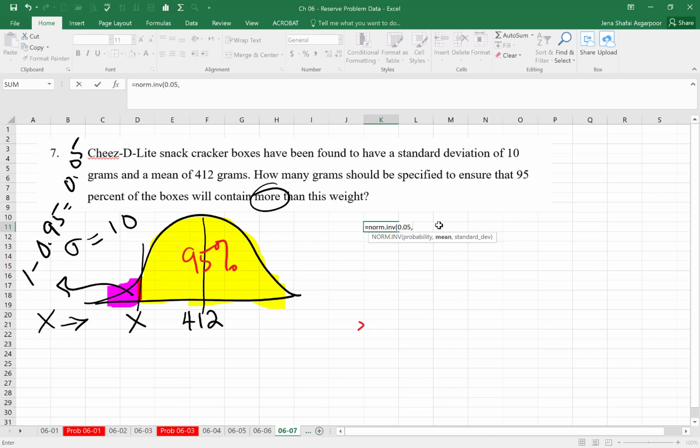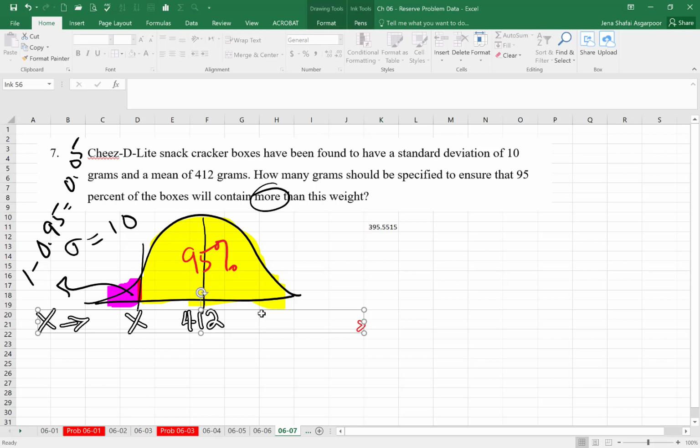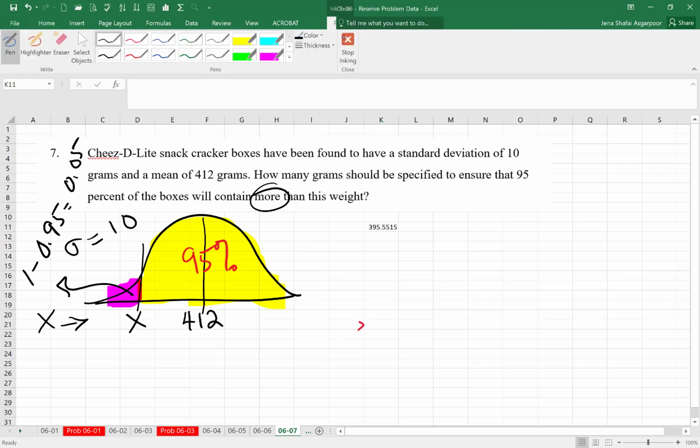The mean is 412 and the standard deviation is 10. And that number should be 395.6. This number right here. So this number should be 395.6.